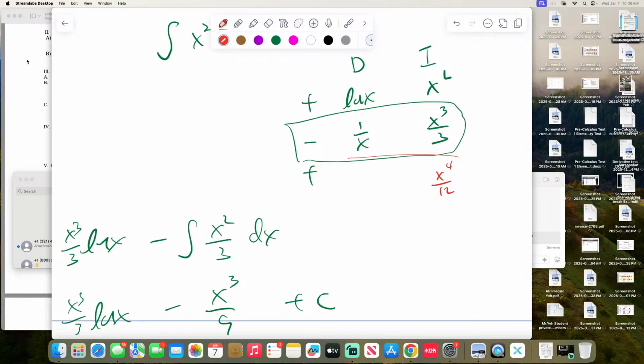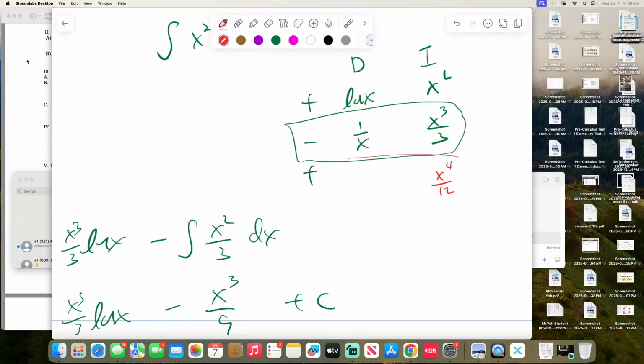So how is the DI method formed? D represents derivative, I represents integration. Now, what people usually forget is the alternating sign. So you start with a plus sign, minus sign, plus sign. Now, D is the same thing as LIATE.